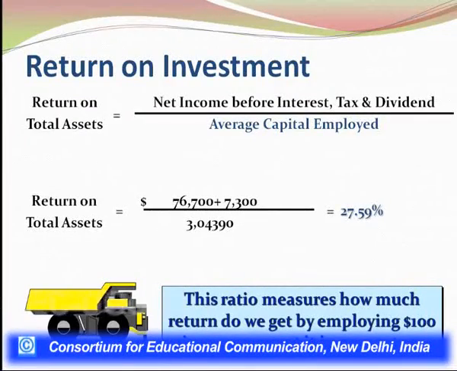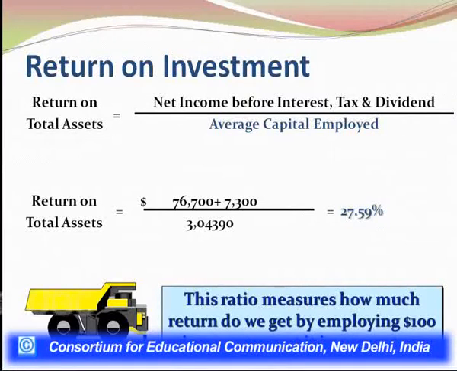So let's have a look at the slide. The average capital available which is used in the business is 3,04,390, which is the average that comes from dividing the beginning capital plus the ending capital by 2.